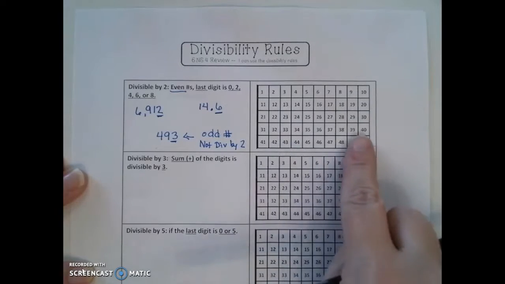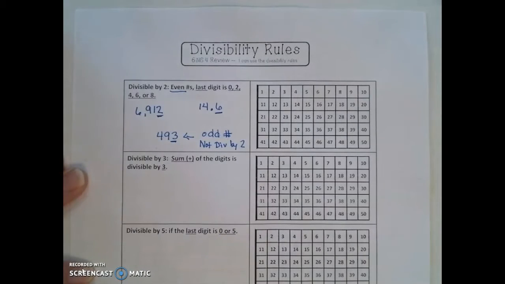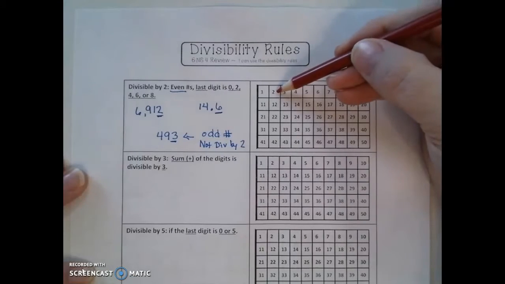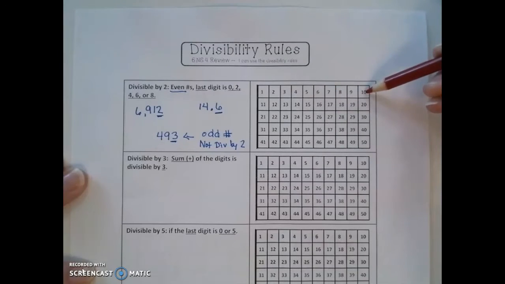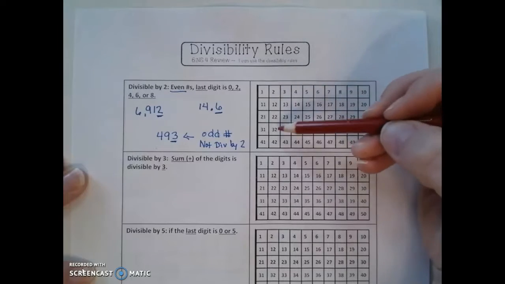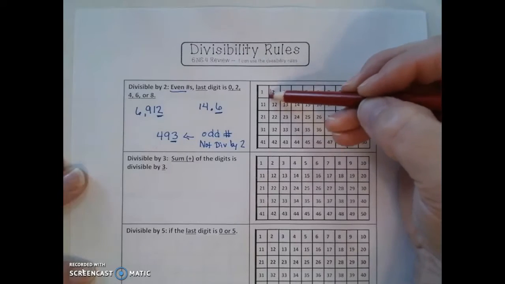Now all of the numbers on this chart that are divisible by 2 are going to be colored in red. So anything that ends in a 2, a 4, a 6, an 8, or a 0 is divisible by 2, which means each of these columns will be colored in red.